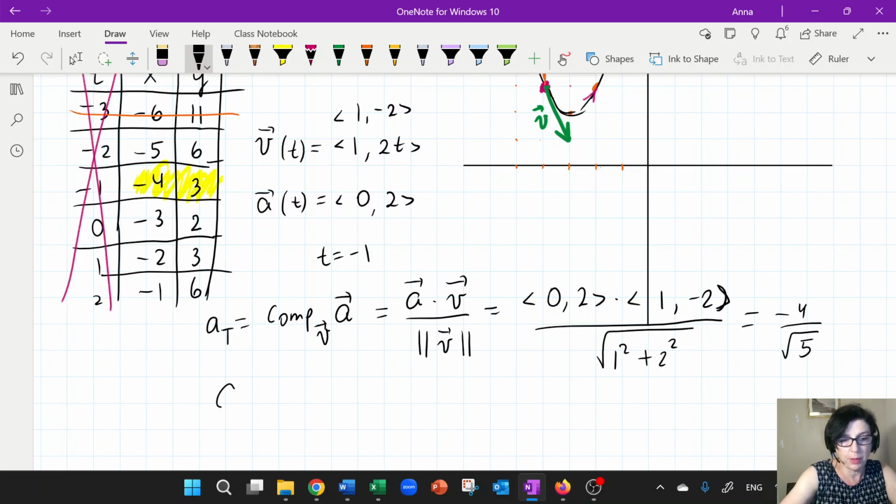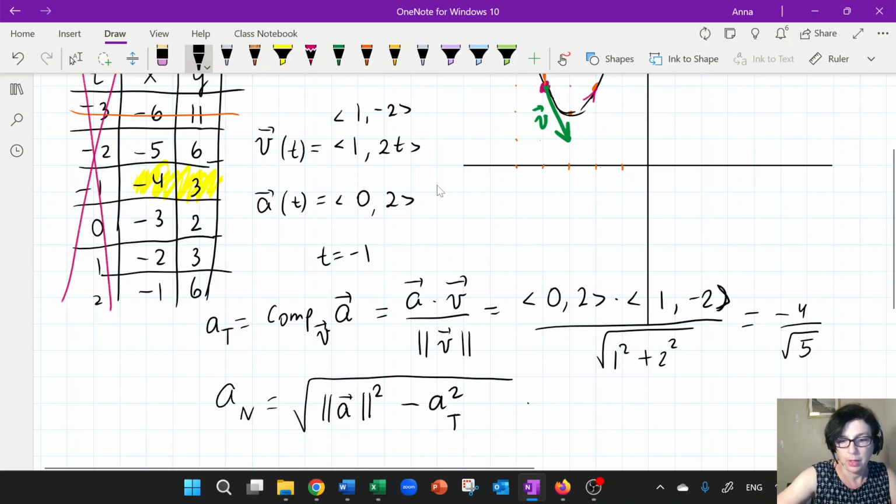Now, for the normal component, the formula looks like this. You take the square root of the magnitude of the acceleration vector squared, subtract the tangential component squared. So let's see what will happen. For the magnitude of A, that's just going to be the square root of 0 squared plus 2 squared, which is just going to be 2. So this is 2 squared.